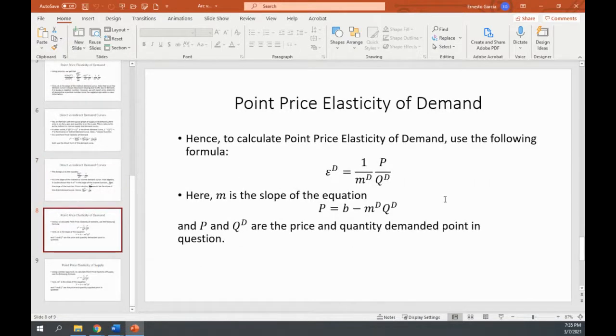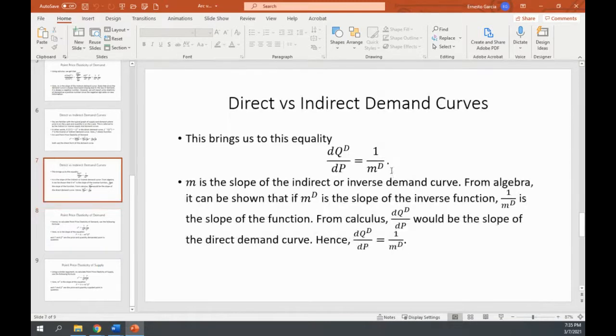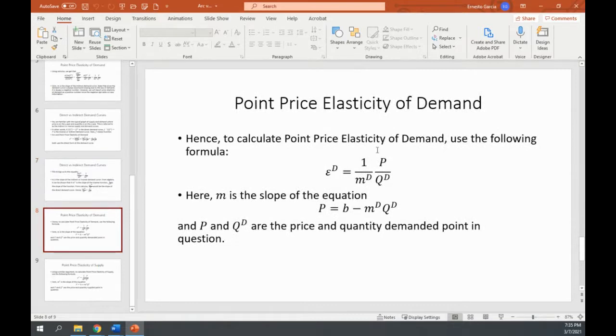So to wrap up, the formula we would use to find the price elasticity of demand at the equilibrium is this formula here: 1 over the slope of the indirect demand curve, times the equilibrium price, or whatever the price is at the point given, over the equilibrium quantity, or whatever quantity demanded corresponds to the price we're asked to solve for.